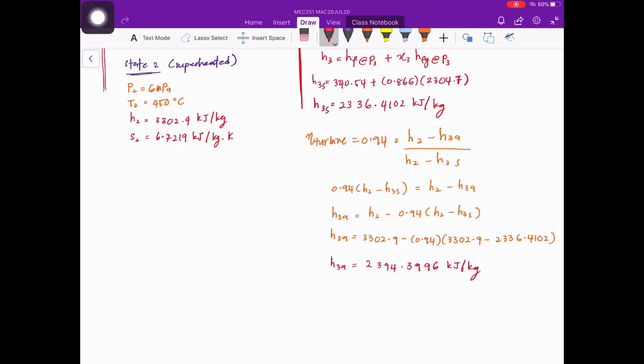Since we now have the actual enthalpy at state 3, we are going to perform the characterization again in order to know the specific phase for this actual state.